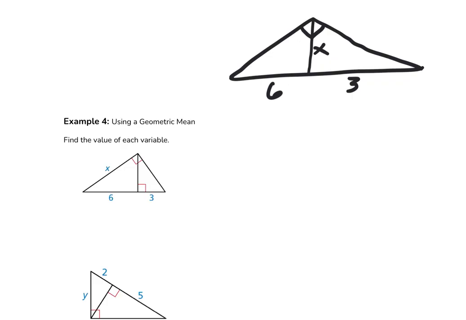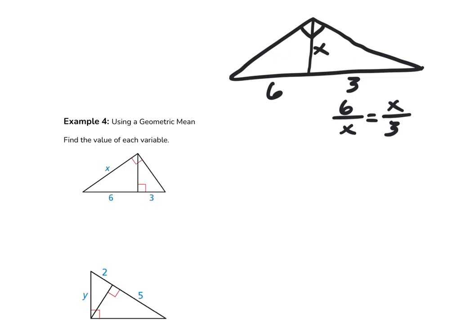So if I wanted to find x here, I'm going to say 6 is to x as x is to 3. We're going to use that altitude twice. 6 goes to x as x goes to 3. The 2 x's are going to be diagonal from one another in the proportion.